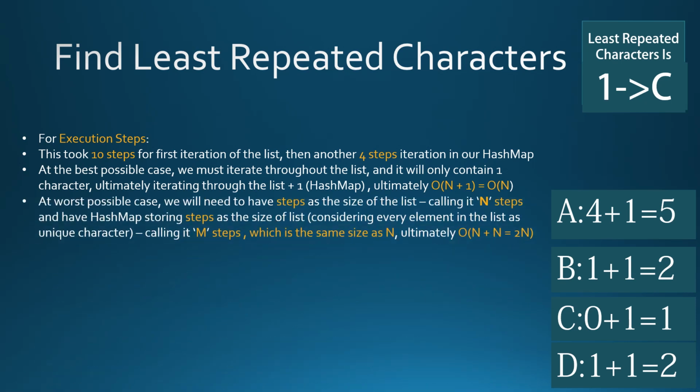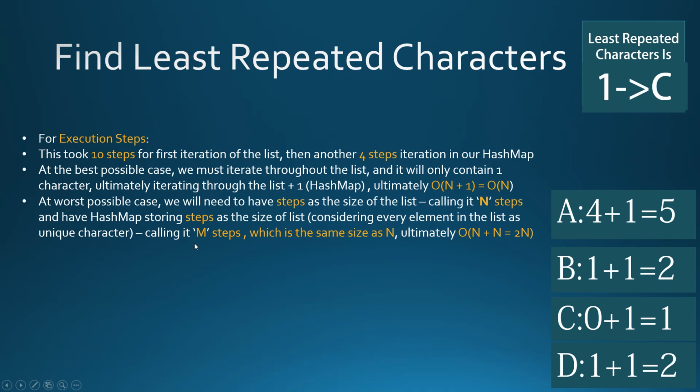Now for the worst possible case, we will need steps as the size of the list, where every element in the list will be a unique key in our map. We're going to call the size of the list n, and it's going to take n steps because we're going to iterate through the list, and we're going to have a hash map storing the unique keys, which is one step for every element, because every element in our list is a unique character.